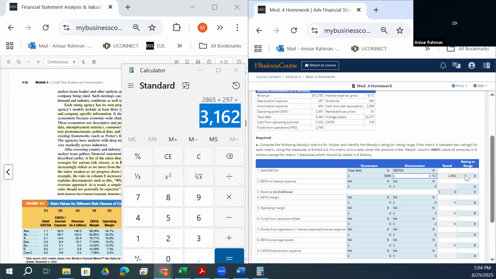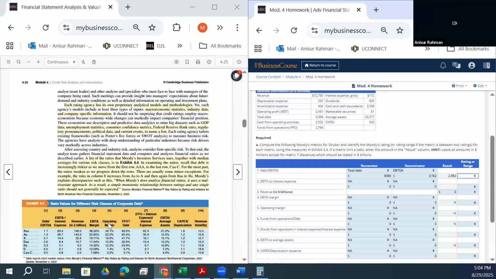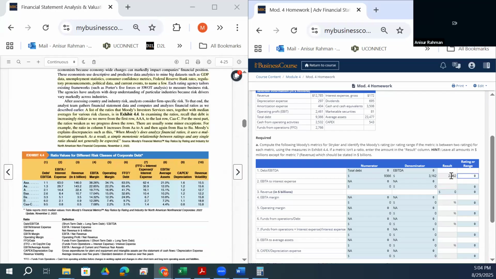right? And now the question is, how do you decide on the rating, right? So what we have to do, we have to go back to the exhibit, look at the value closer to this, 2.96, and we are talking about debt over EBITDA. So we have debt over EBITDA here, and the higher the value, the worse it is, right?